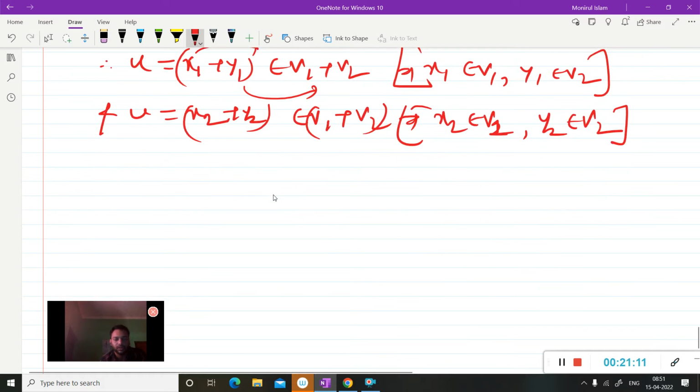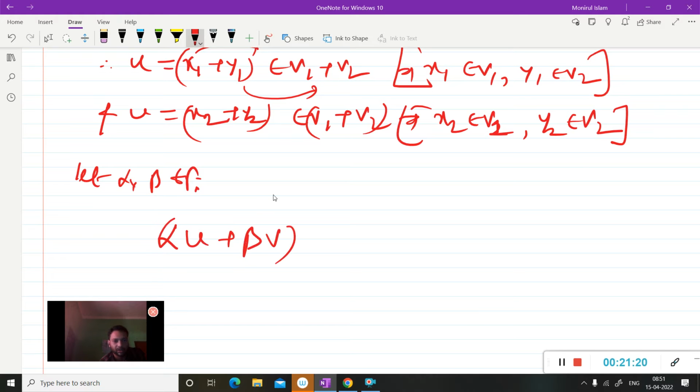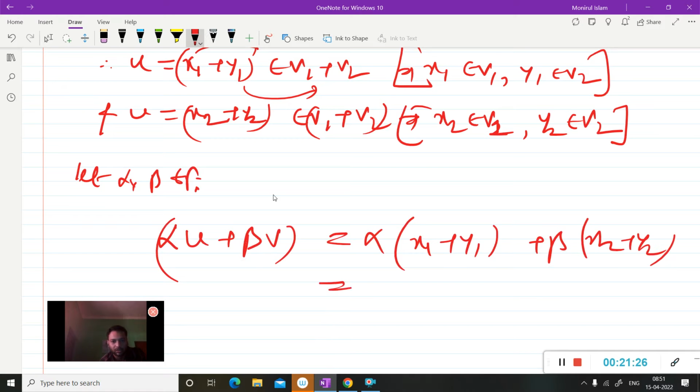Now I take two scalars, let alpha, beta belong to F. Then what is the linear combination alpha u plus beta v? Can you tell me? It is alpha times (x1 plus y1) plus beta times (x2 plus y2). So this gives alpha x1 plus beta x2, and alpha y1 plus beta y2.